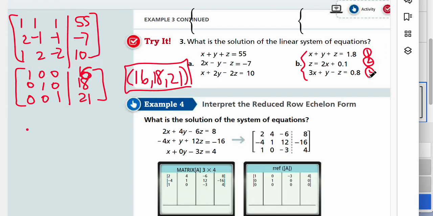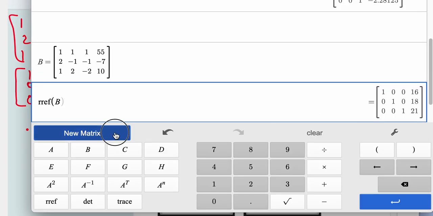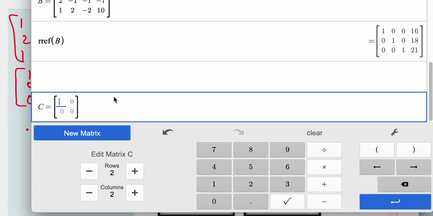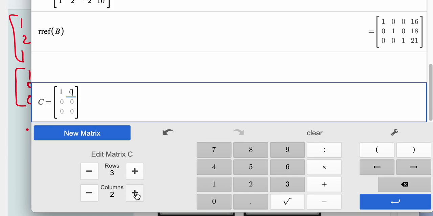Okay, and part B, using the same type, let's say set C would be your matrix. So for try number 3B, your matrix C would be 1, 0, 0, 0.4. And now you have some decimals, so it makes it harder for you to solve by hand. So technology would be a great use.